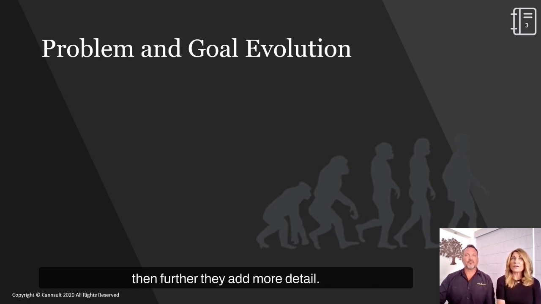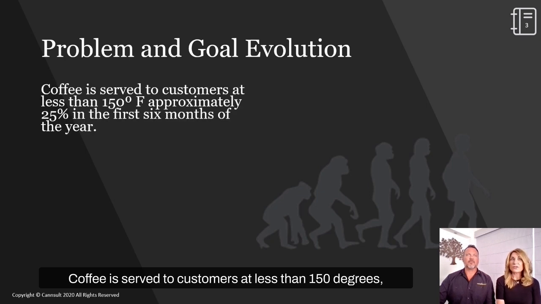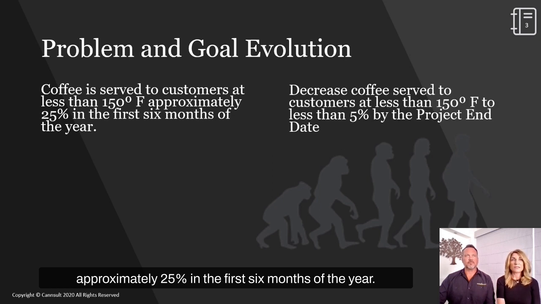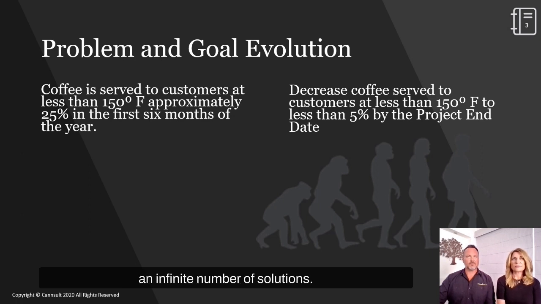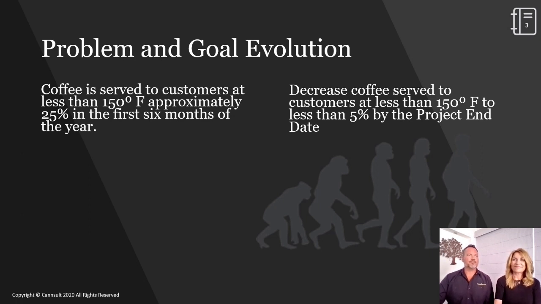And then further, they add more detail. Coffee is served to customers at less than 150 degrees, approximately 25% in the first 6 months of the year. Just like the problem statements, the goal statements will follow the evolution. And remember, an undefined problem has an infinite number of solutions. Well said, Claire.